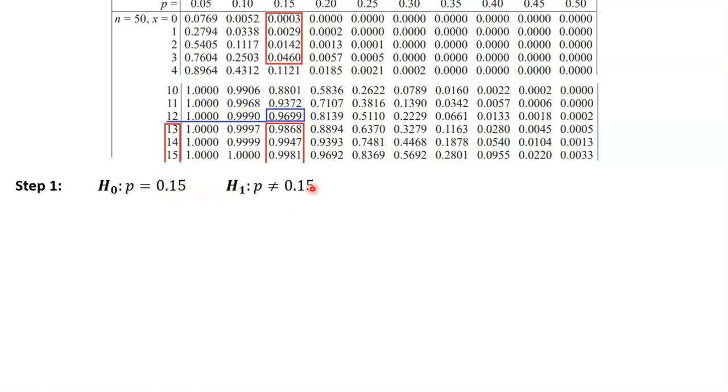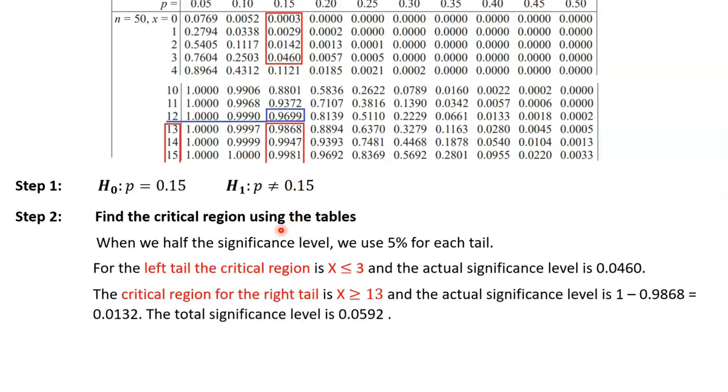Now, if we have a 10% significance level, we are checking 5% at each tail. So for the left tail, we've got all the x's less than or equal to 3, because they are all smaller than 5%. So this is the left tail critical region.